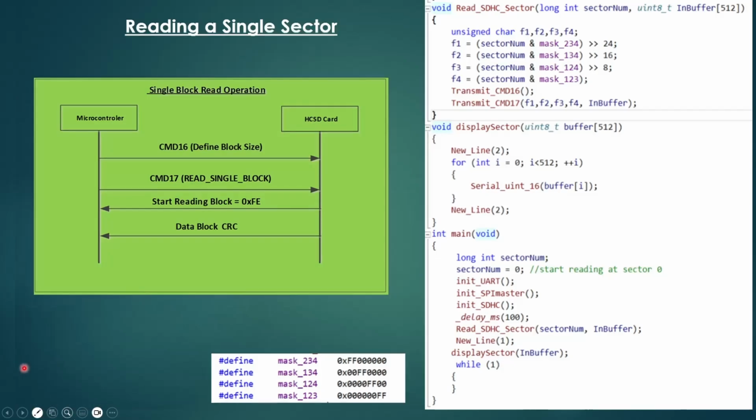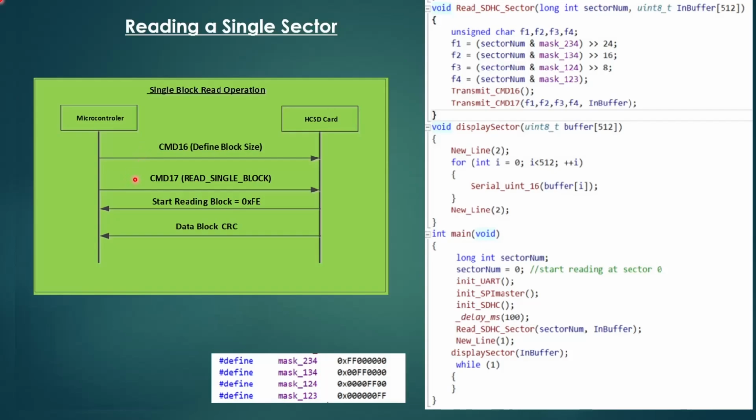To read one sector from the SDHC card, we need to do the following. First, we have to send command 16. That's going to define the block size, the size of the sector.